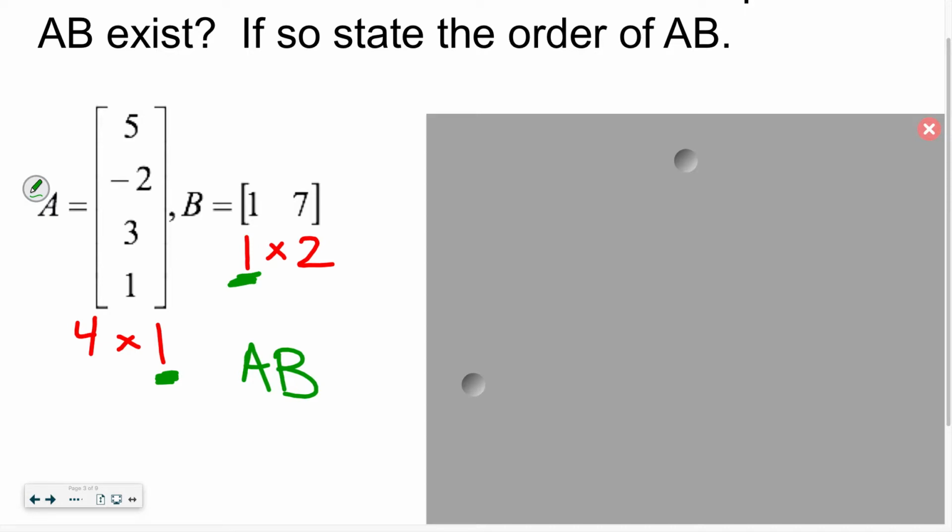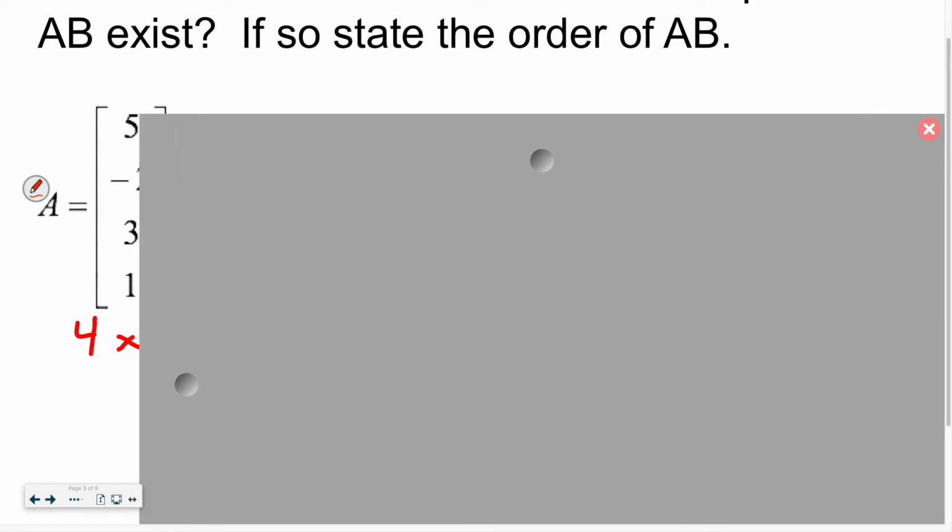Anybody think they got the dimension? Who said that? Alex? 4 by 2. Okay. Then, if these things match, remember, go to the bookends. It's going to be a 4 by 2. So that means it's going to have 4 rows and 2 columns. You're going to have 8 separate entries when you multiply those. And we'll do that on the next slide.